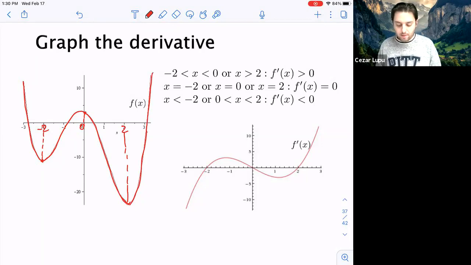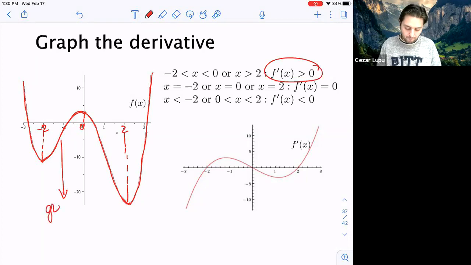Clearly, when x is between -2 and 0, on this portion here, the derivative will be positive, right? The graph is rising. Here the graph falls.